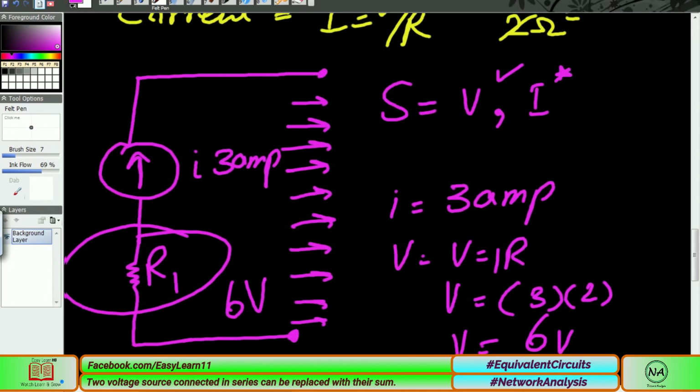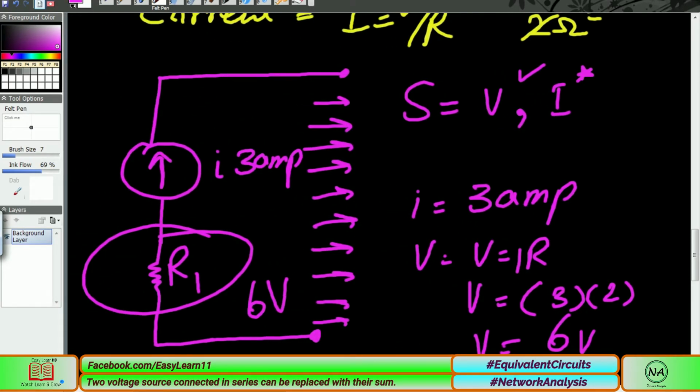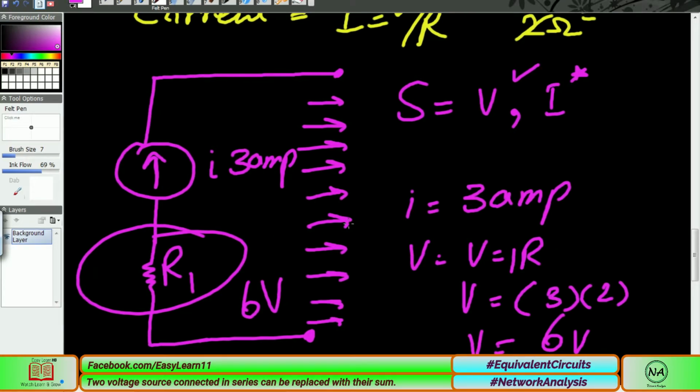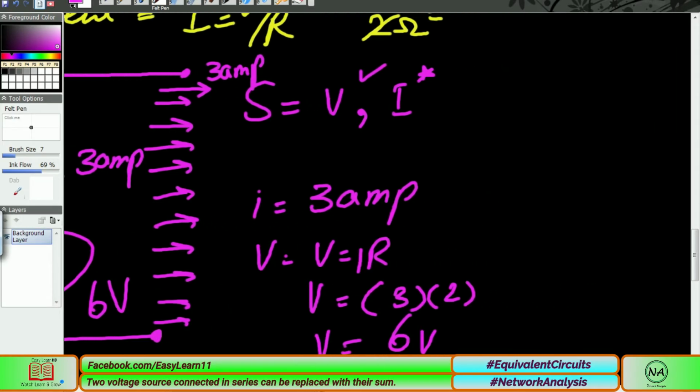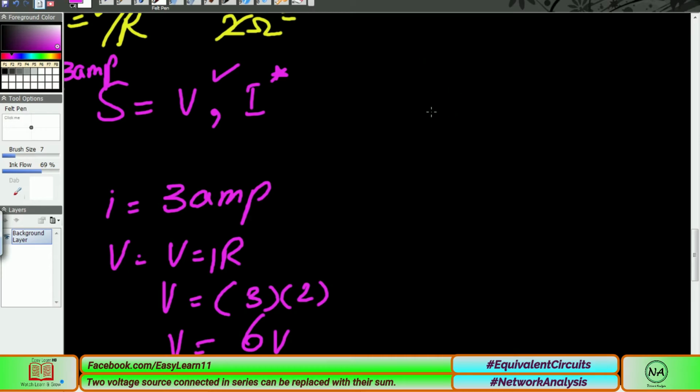What is the equivalent circuit for this? As you can see, a resistor is connected with a current source in series, but this has no impact on the overall current. We are actually getting 3 ampere current here. We have no impact, so we can neglect a series resistance with a current source.